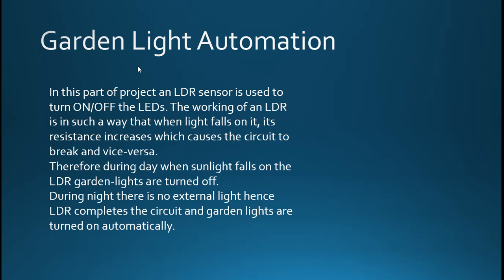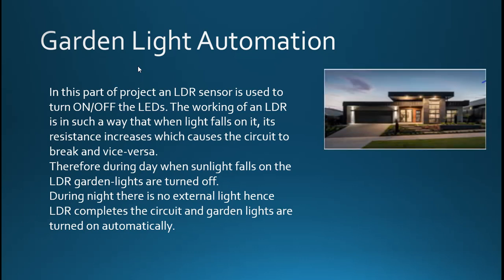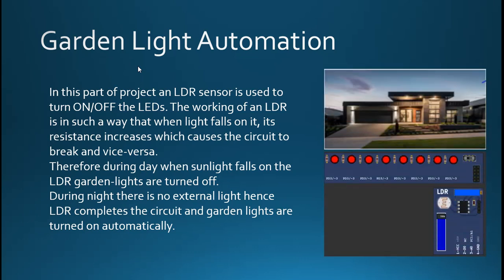This feature reduces human work by automating simple tasks such as turning on lights. On the bottom right is the pictorial representation of the PixSim Lab, the LDR and the LEDs present there.